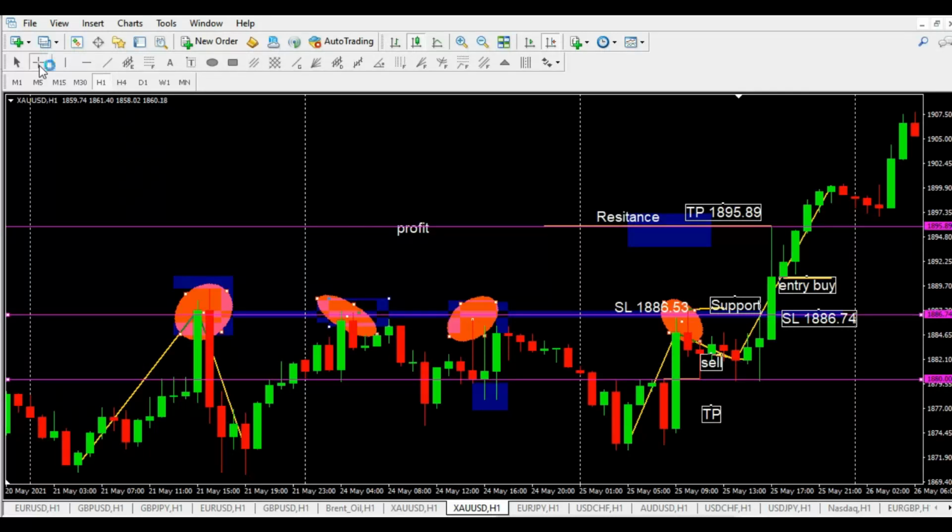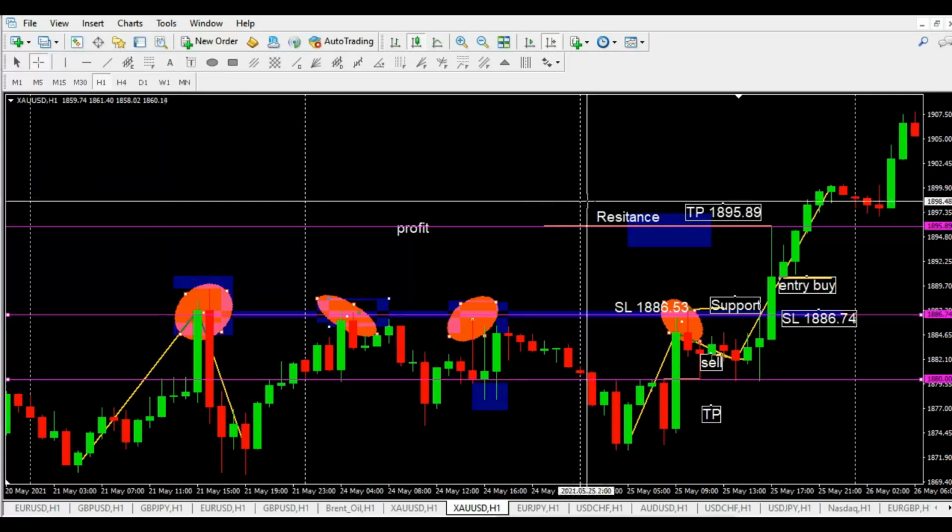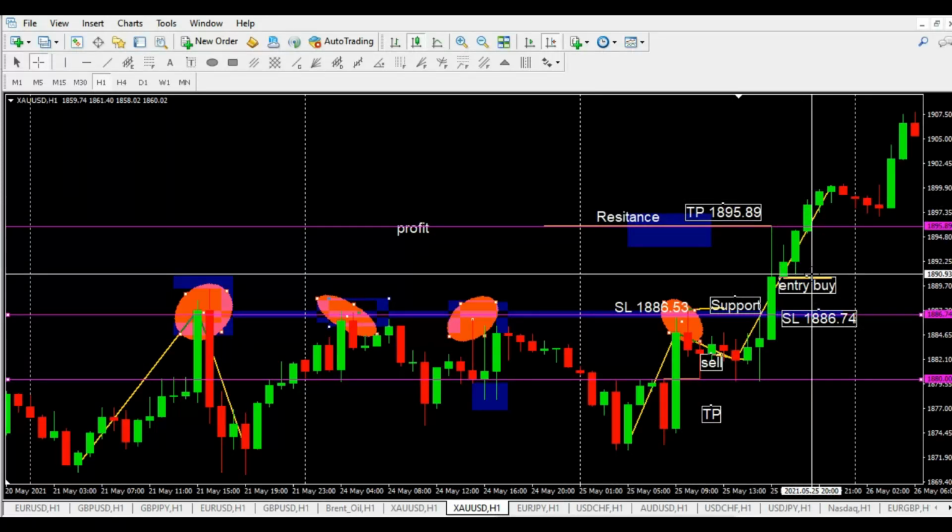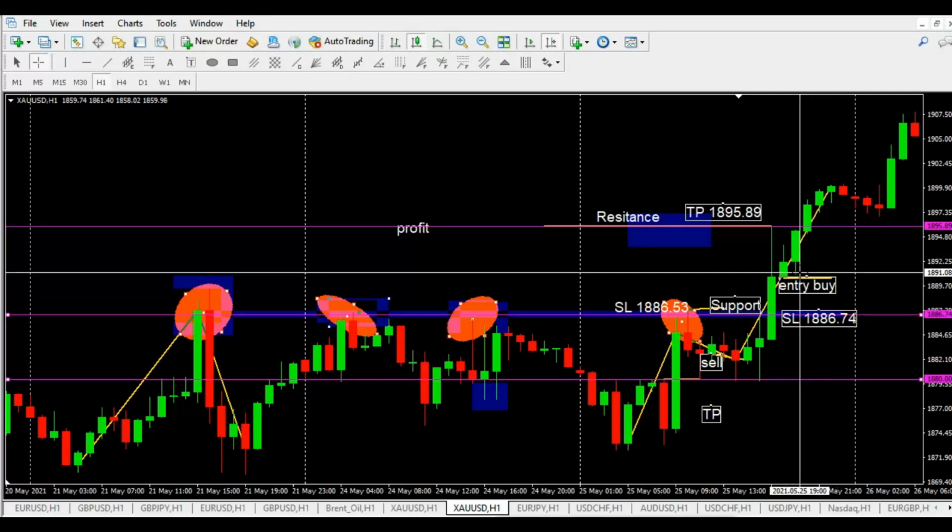Enter after the change color and the confirmator. If the confirmator hasn't come yet, just wait and see until the breakout or confirmator comes.